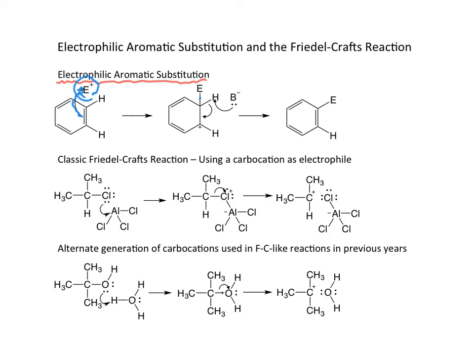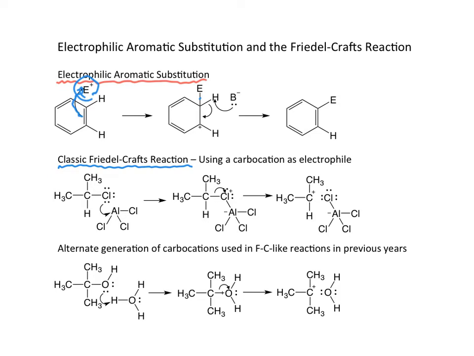Now, in the classic Friedel-Crafts reaction, Friedel and Crafts were generating carbocation electrophiles. Now, the problem is a carbocation electrophile is difficult to form in high enough concentration to react with the very stable aromatic system. And so they needed to increase the yield of carbocations in order to get effective reaction with the relatively stable aromatic system. And so they needed to use an inducement.